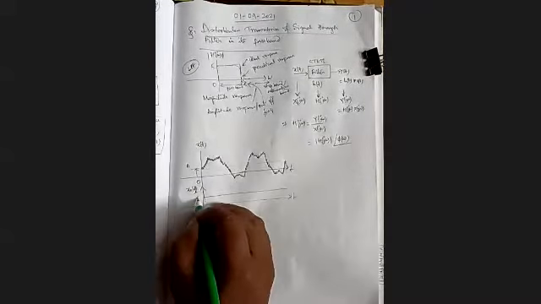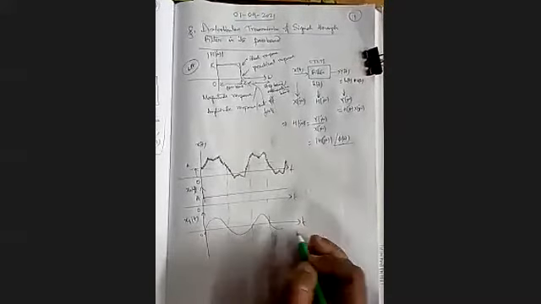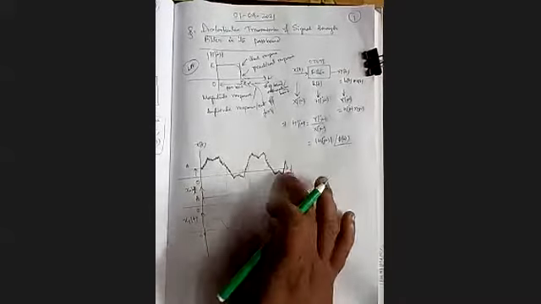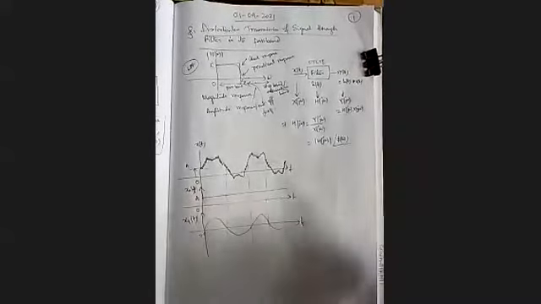Then if we compute its Fourier series, we get x1(t), the fundamental frequency. Something like a sine wave or cosine wave, whatever it may be. For this type of signal, we are getting a sine wave. So that is the fundamental frequency.